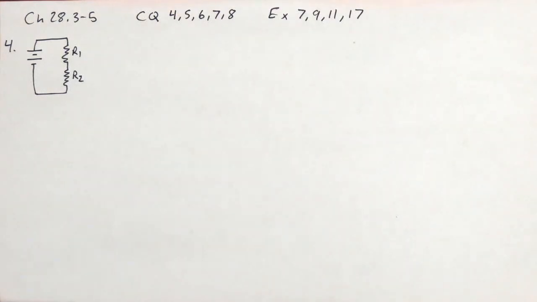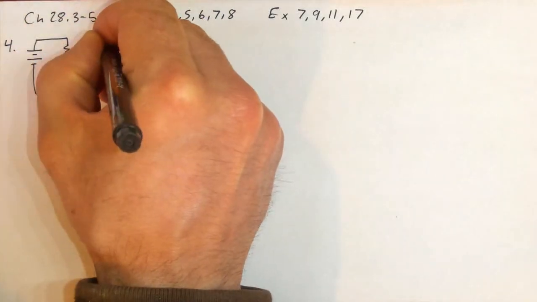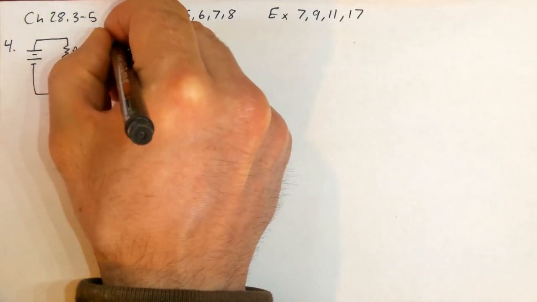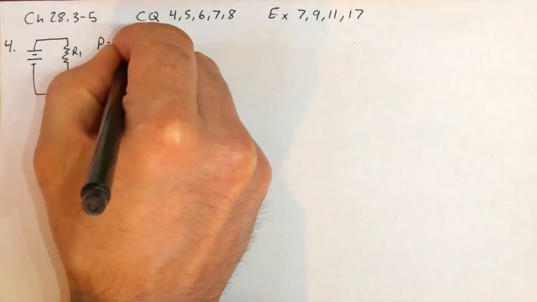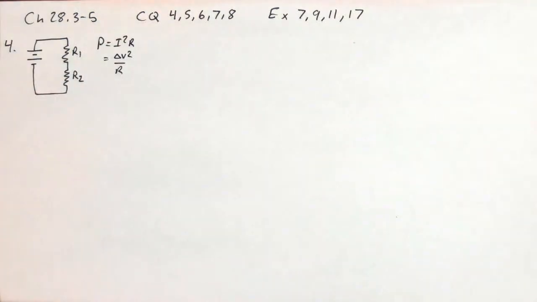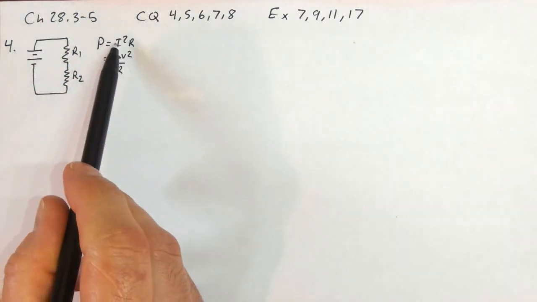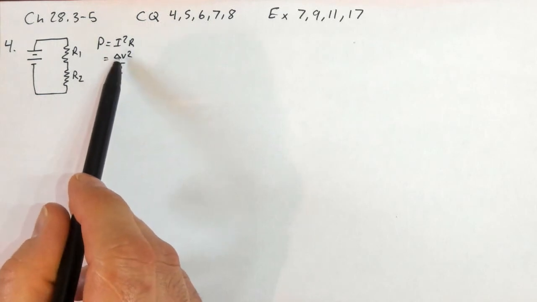So what is the relationship between power and resistance? Now, there are two ways of writing that. We can say power equals I squared R, or power equals delta V squared over R. And what's important is to know, well, what about the I or the delta V?